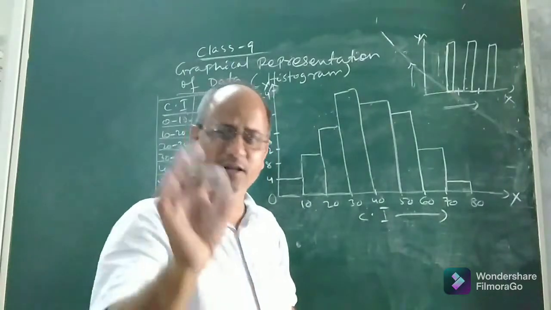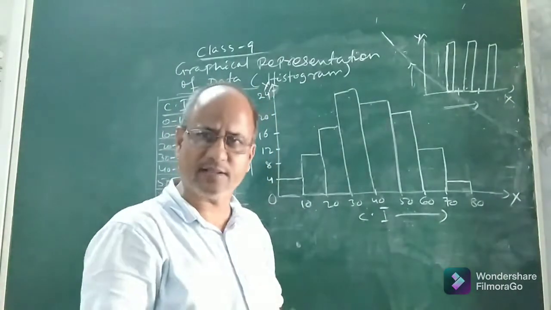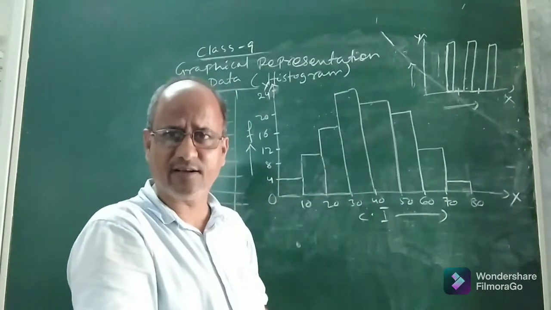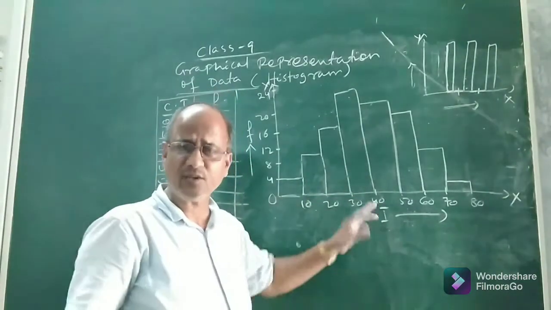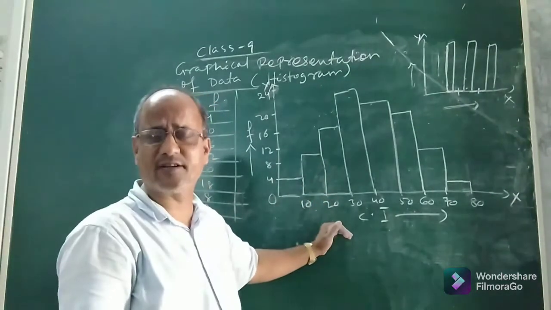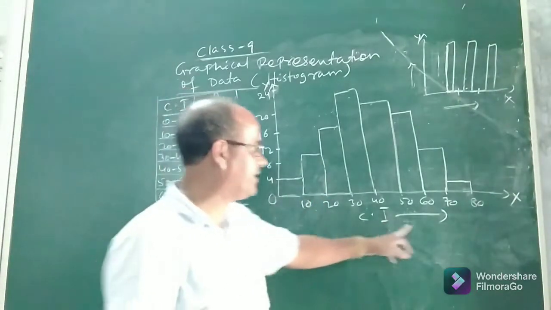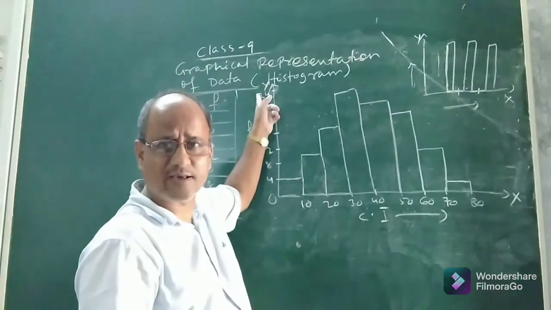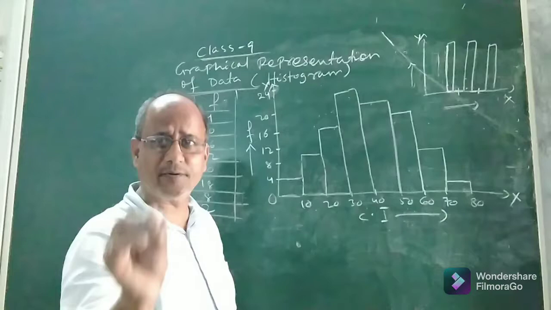Scale is a must, and you know how to take the scale. These are elementary things which you have already read in junior classes, class 8, 7 and 6. So to draw the histogram of a continuous frequency distribution, we will take class interval along x-axis and the corresponding frequencies along y-axis. Then we have to choose appropriate scale.